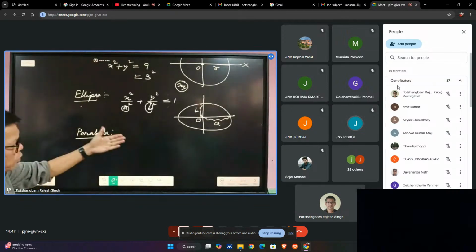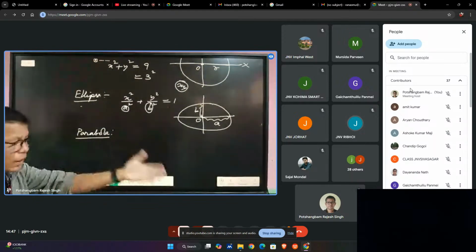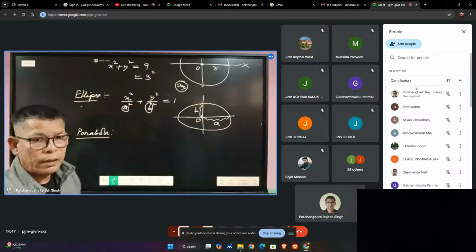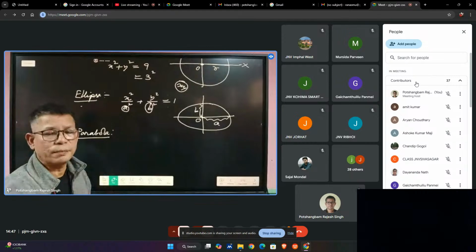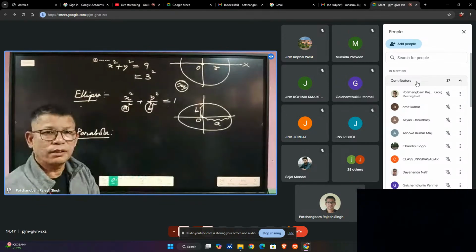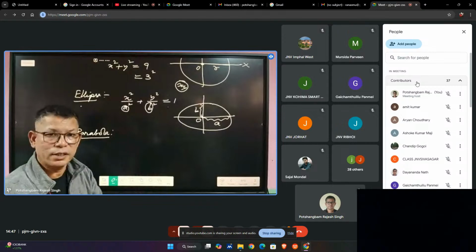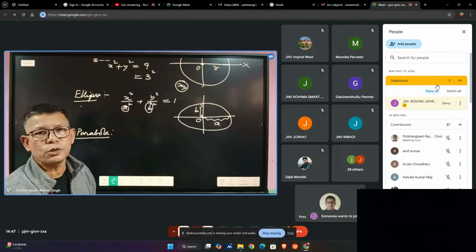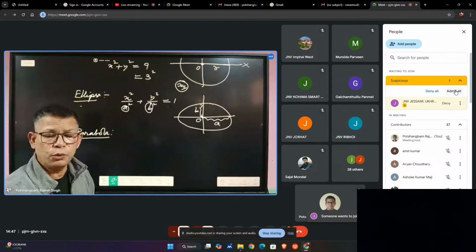Last year, in 2024, one parabola question was given for 5 marks. The ellipse also was given, and the circle also in the last year. Every year, CBSE gives one high-mark question from here.